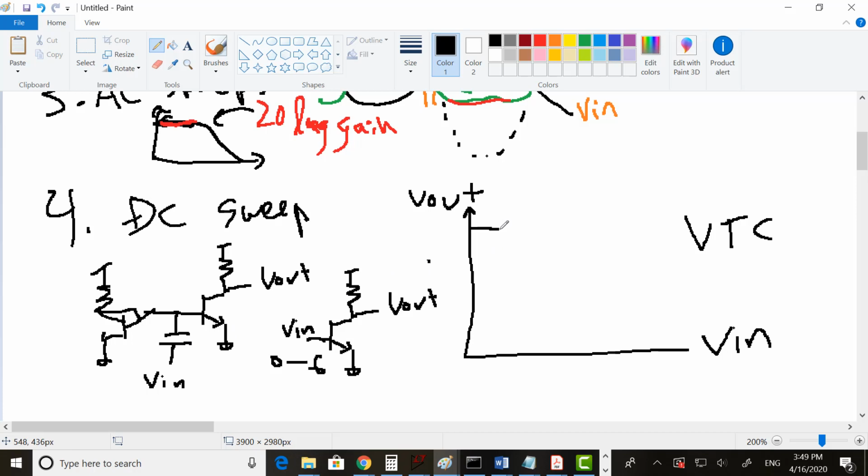But if you do that, then you get your VTC. Double click on the label above your graphs and take 2 points. And notice, because this is a DC sweep on the x-axis, you'll have V in on the x-axis.